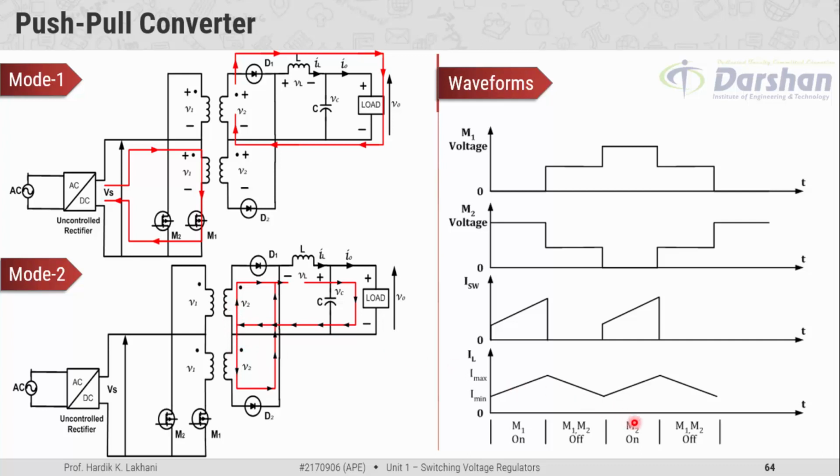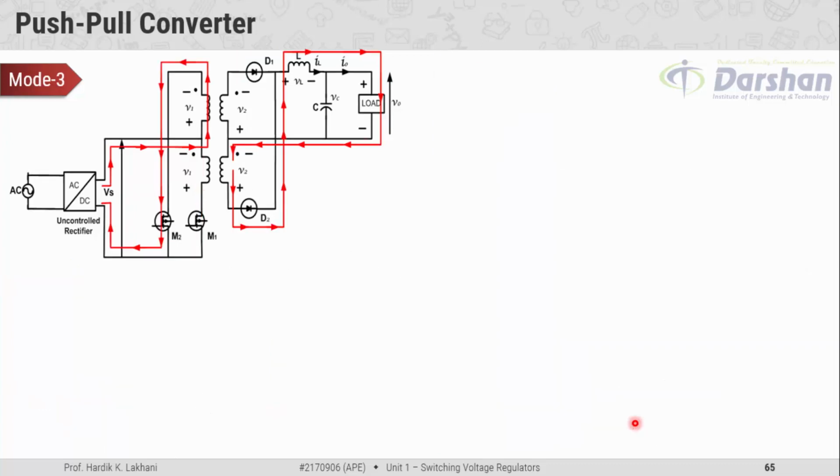Now in the third mode, when MOSFET 2 is turned on, at that time the transformer will be magnetized with the reverse polarity. So when M2 is turned on and M1 is kept off, the mode 3 operation begins.